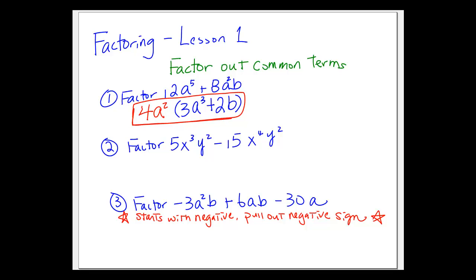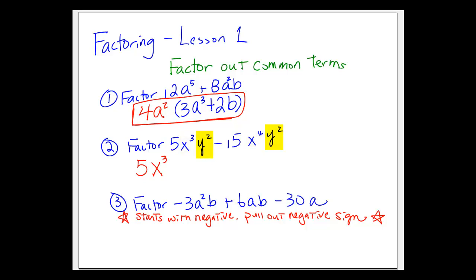In the second example, we look at the 2 terms, and the number part, both of them can be divided by 5. So 5 is the greatest common factor for the number parts. Both of them have x, and the highest they have in common is x to the 3rd power, so we can pull out x cubed.